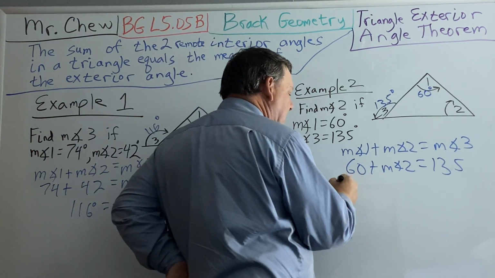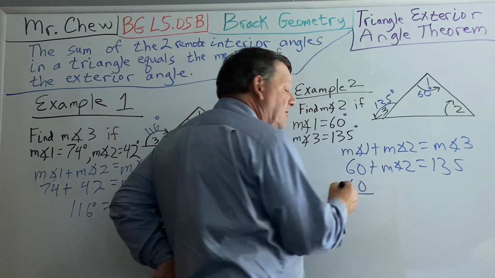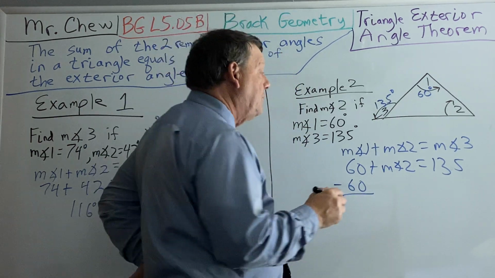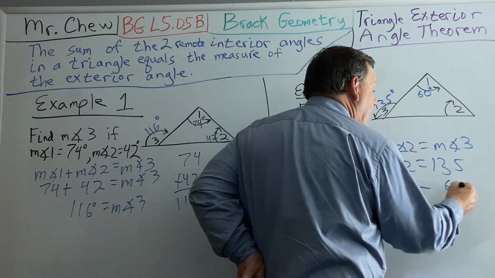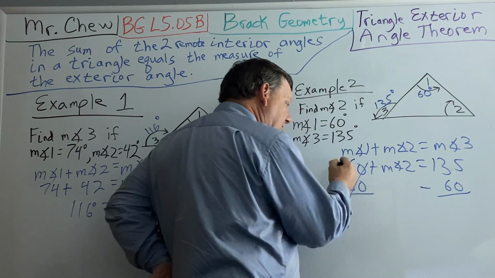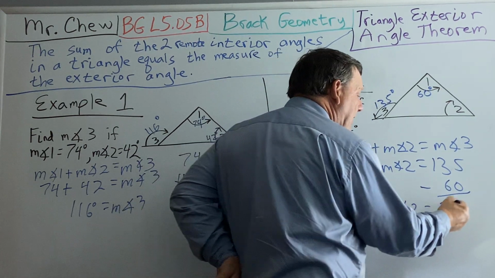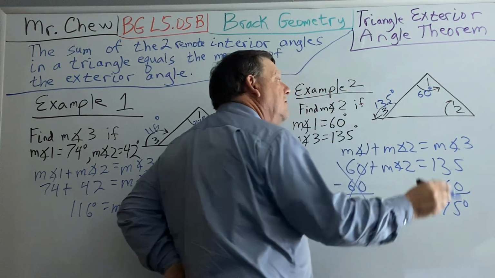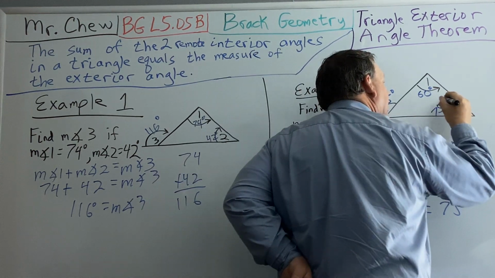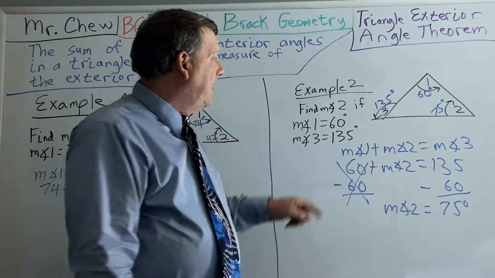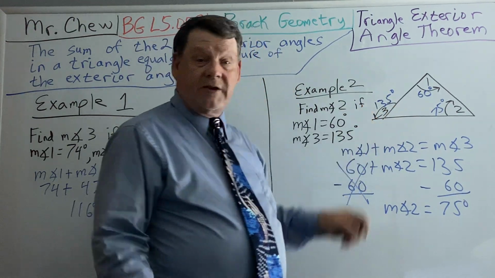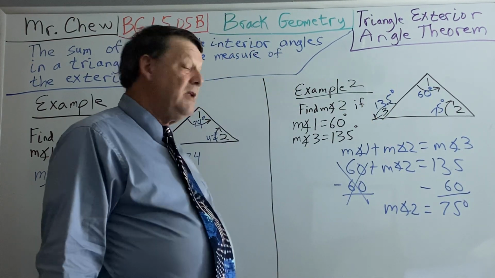The opposite of adding 60, I use what's called the subtraction property of equality to subtract the same number from both sides. This crosses out, and I have the measure of angle 2, and that equals 75 degrees. So I can write that in, and I know that if I add those two up, I'll get this one. That's how I check it. And it does check.